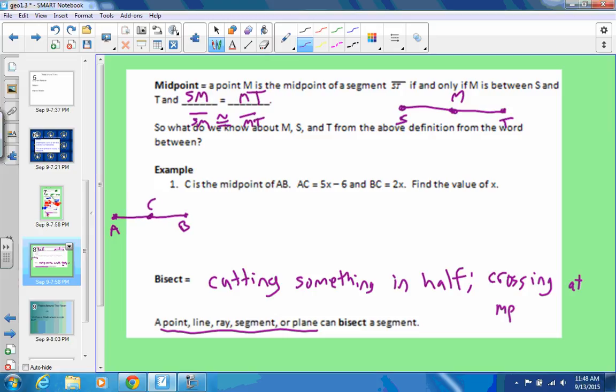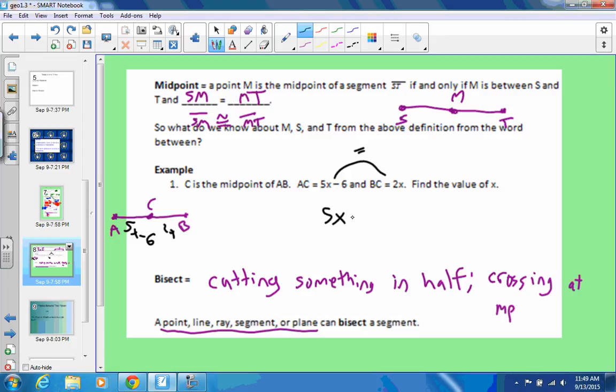So let's see. AC is 5x minus 6, and BC is 2x. Find the value of x. Well, what do we know based on the definition of midpoint? We know that these two things have to be equal.